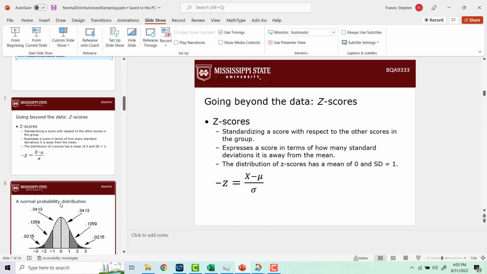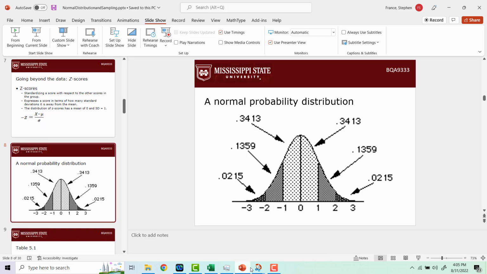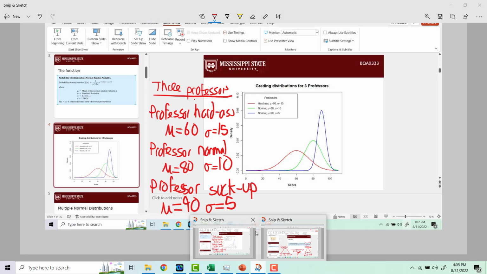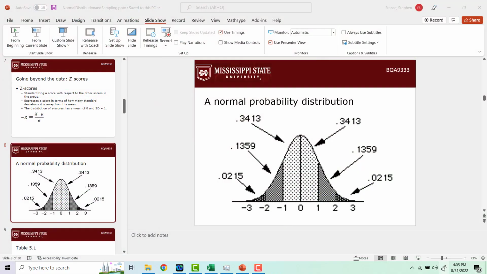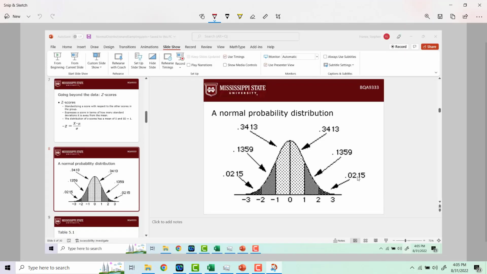So let's go through to the next slide. And again, I'm going to take a snip and sketch. I'll get rid of some of these old ones. So you can see here we have our standard normal distribution, and we have just under 70%, 68%, between -1 and 1 standard deviation.